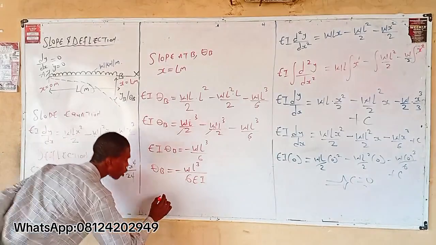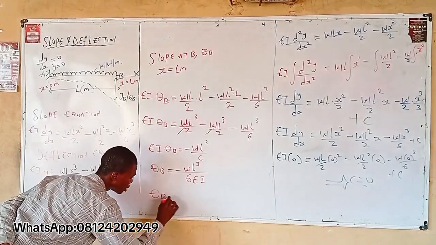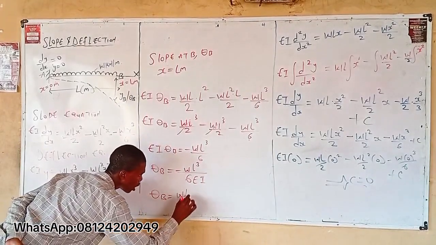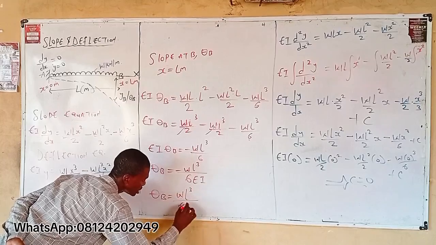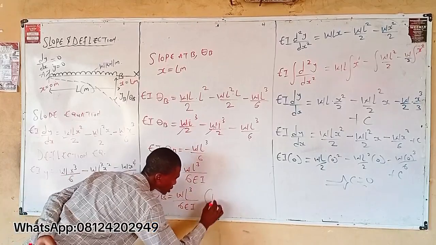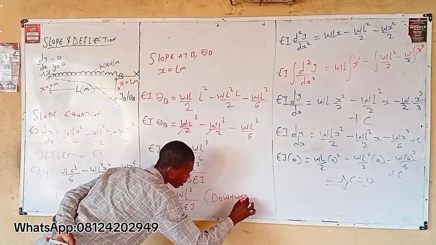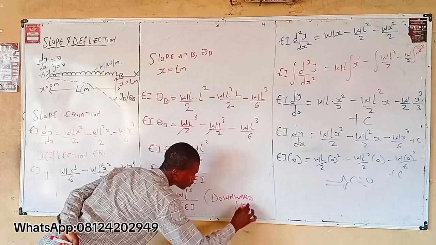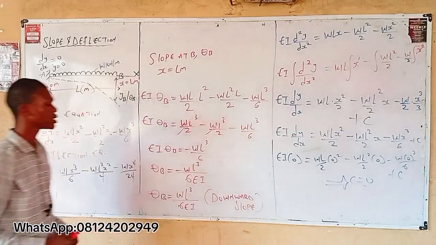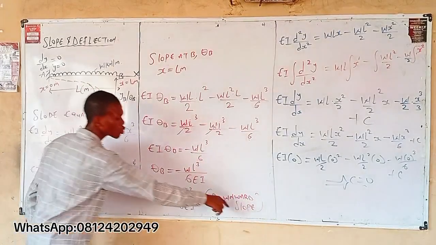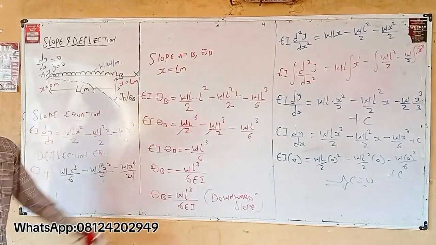So in conclusion, theta B is equal to WL cube over 6 EI, all in brackets, downward slope. Yes, because it is negative, you write downward slope.